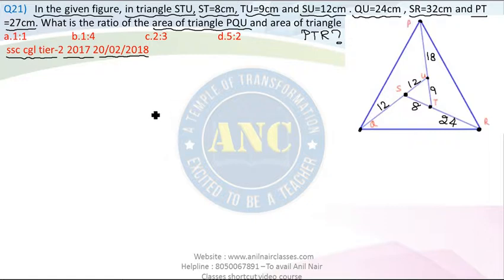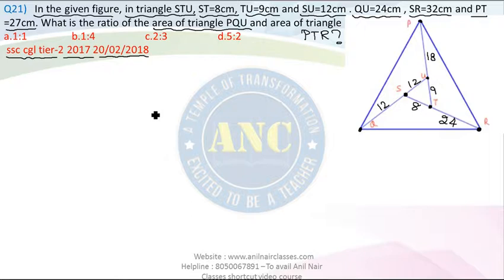We have already solved this kind of question once in our previous problem, where I used a beautiful concept saying that area of a triangle is half into AB sin theta, where theta is the angle which is not opposite to the sides A and B. Or in simple language, half into AB sin C. That means if the angle you are taking is C, then you should not take the side which is opposite to angle C, which is small c. Take the other two sides, small a and small b. I hope you are understanding.